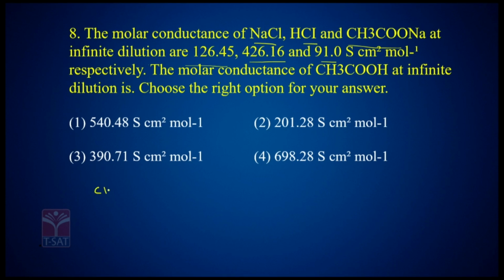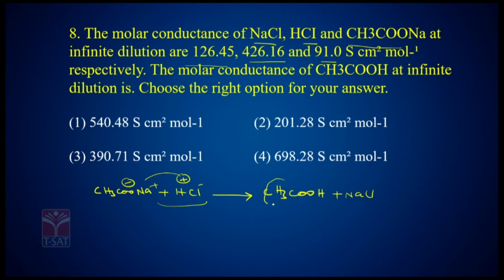You have the molar conductance of CH3COONa, right? And we have the molar conductance of hydrogen chloride. If you combine these two, what are you going to get? CH3COO minus and H plus will combine and form CH3COOH, acetic acid. And Na plus and Cl minus will in turn combine and form NaCl.